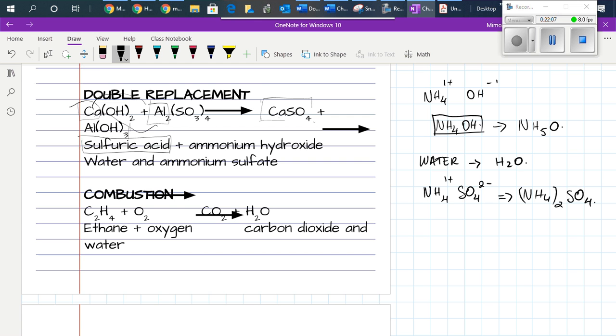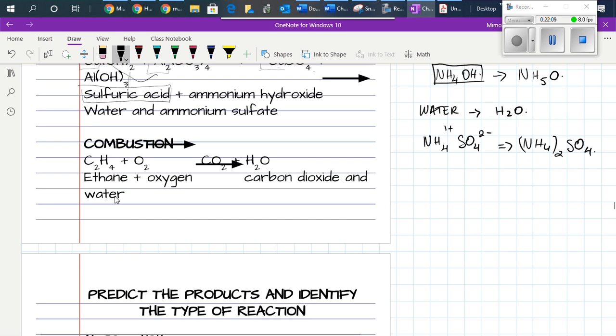Okay, then the last one is combustion. So we have CxHy plus oxygen. That X and Y that we saw in the general expression of combustion are different numbers: 1, 2, 3, 4, sometimes 10 or so.